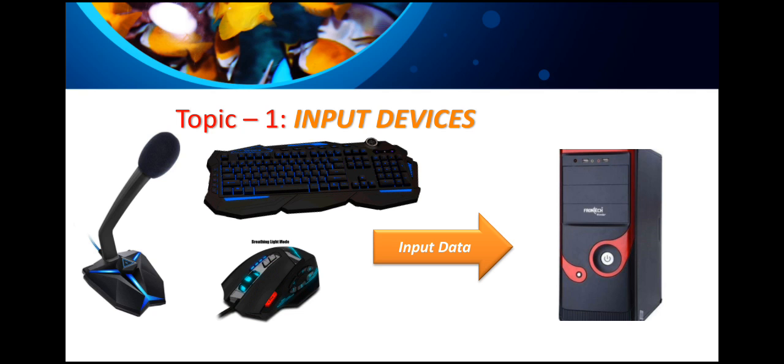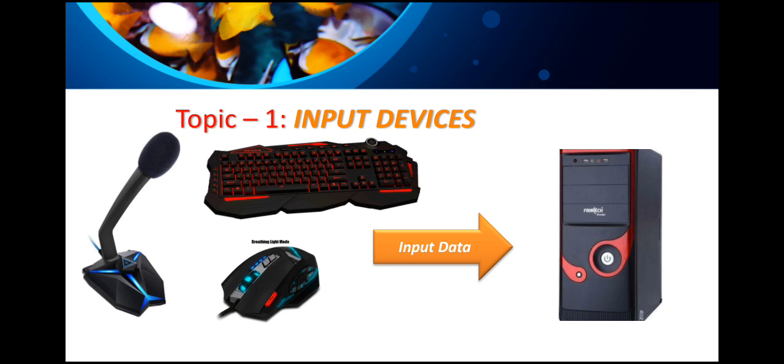Similarly, the same is the case with the mouse. When we click or select an option on the screen, the point where we are clicking is converted into signals and sent to the computer system. And microphone, what is the main function of microphone? The main function of microphone is to record sound.